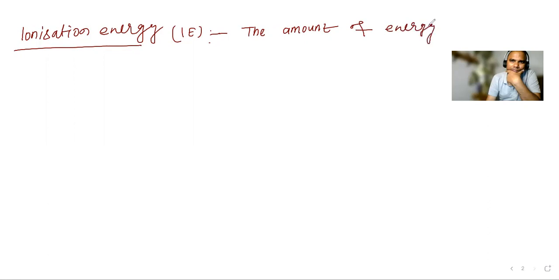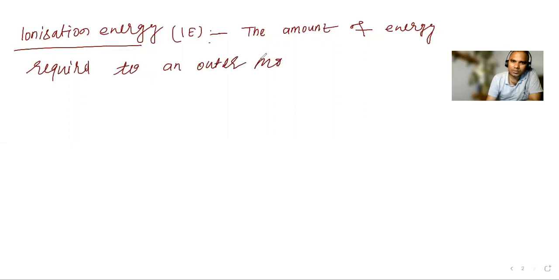Ionization energy is the energy that an electron in a gaseous atom absorbs. Okay, good. See, the amount of energy required to remove an outermost electron from an isolated gaseous atom.